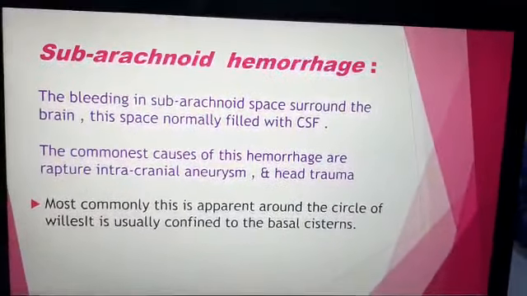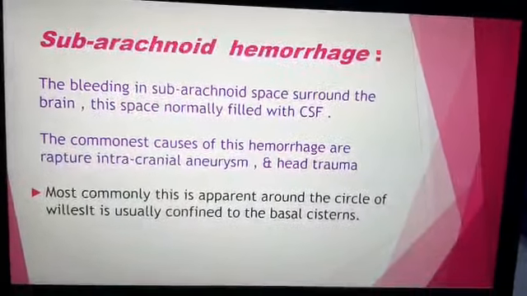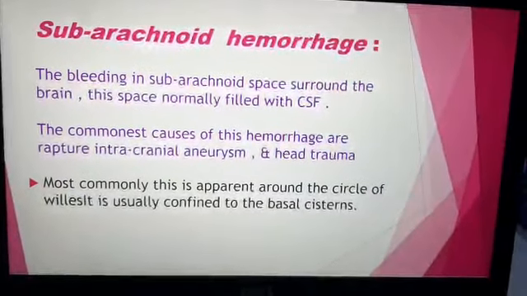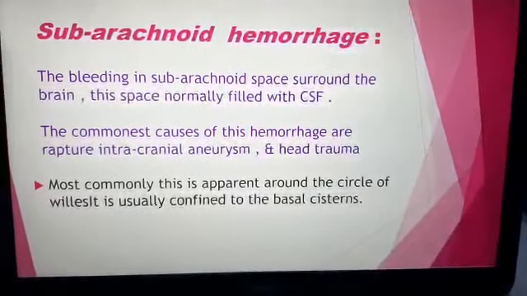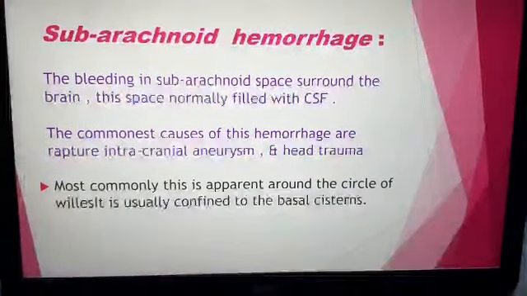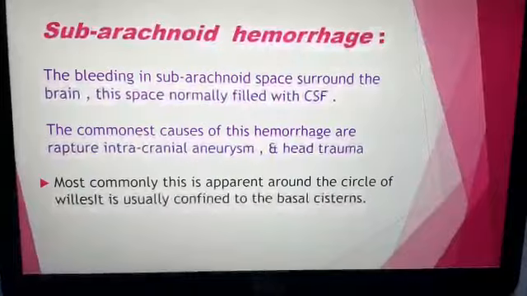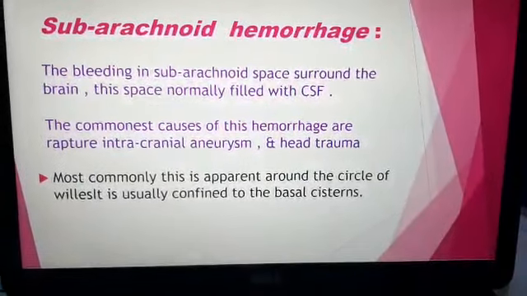Subarachnoid hemorrhage. This is hemorrhage occurring due to rupture of an intracranial aneurysm or head trauma, and it occurs in the arachnoid space. This space is a hairline space surrounding the brain and filled with CSF.